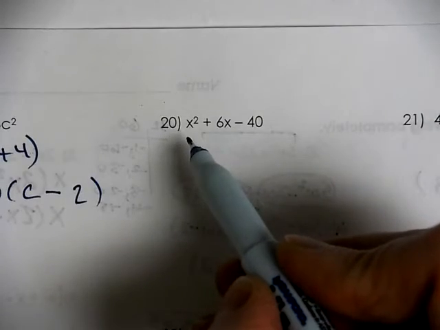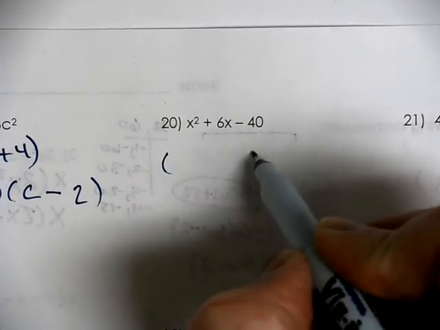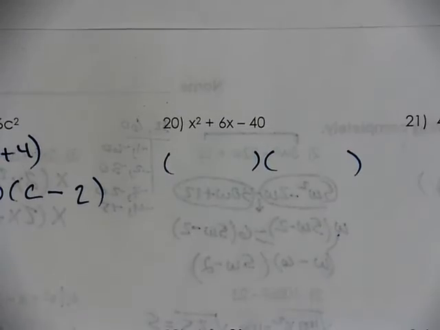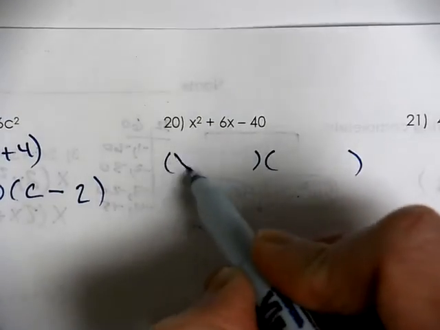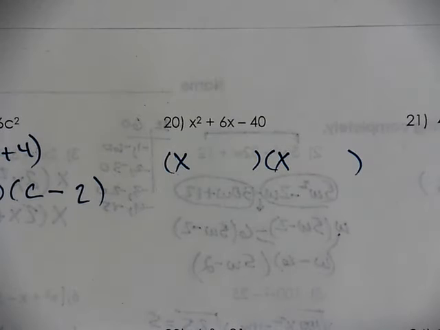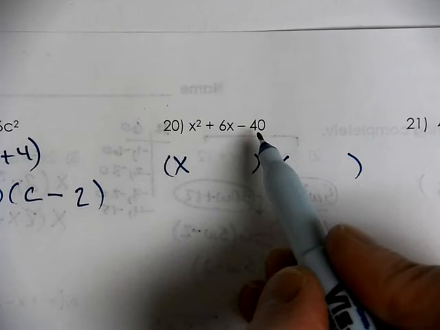Here we have a leading coefficient of 1. So when you have a leading coefficient of 1, it's a lot easier. You think of what times what makes x squared. Of course, those are going to be x's. Now there's multiple ways for us to get up to 40.